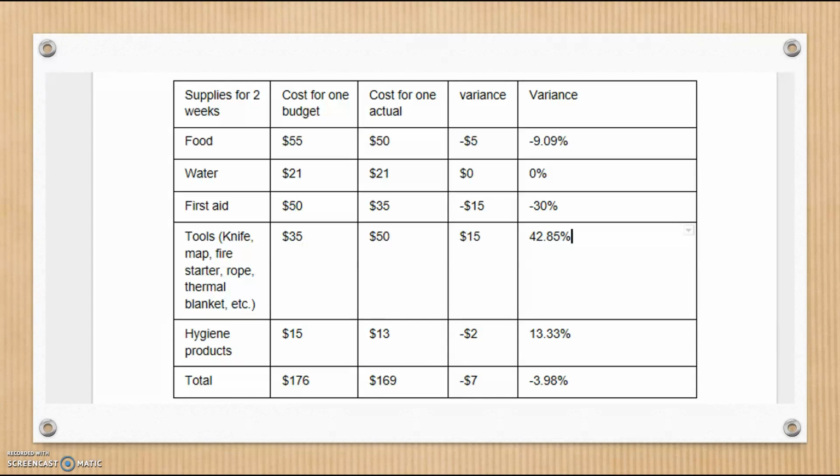We have a knife, map, fire starter, compass, blankets, all the stuff that could vary depending on any particular disaster. We estimated those supplies to be about $35, but with more research and some help, we discovered that the cost might be a little bit more depending on how many supplies we wanted to gather.